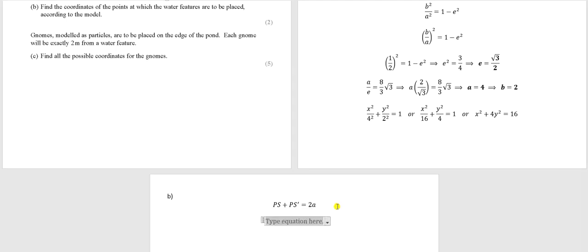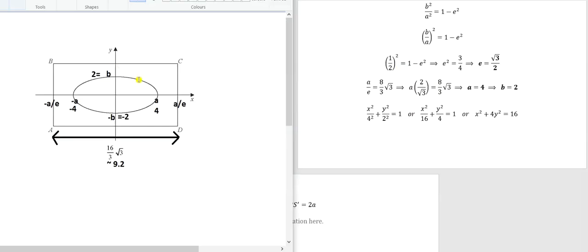The reason for this, if you look at the ellipse and you pick a point, you can see that the distance to the directrix on the right and the distance to the directrix on the left, if you add those two together, then of course you're always going to get the same thing, because no matter where you are on the ellipse, it's the distance you travel if you move to the right and the distance you travel if you move to the left.